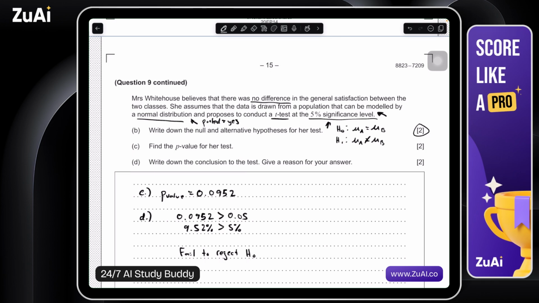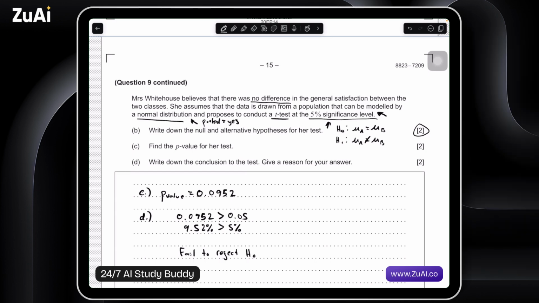We can't reject the idea that there is no difference in this case. Or in another way, we accept the idea that there is no difference. We fail to reject it. P-value greater than the significance level, accept the null hypothesis, or phrased differently, we fail to reject the null hypothesis. And this is our justification.